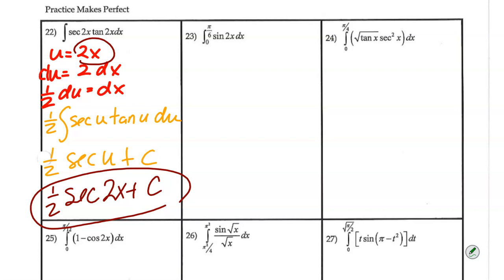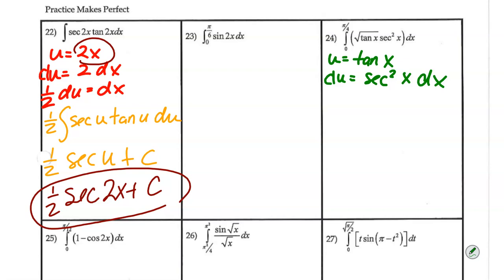So what's my u here? It's tangent of x. So that means my du is secant squared x dx. It doesn't matter that I've got parentheses around that. Sometimes it doesn't matter at all.